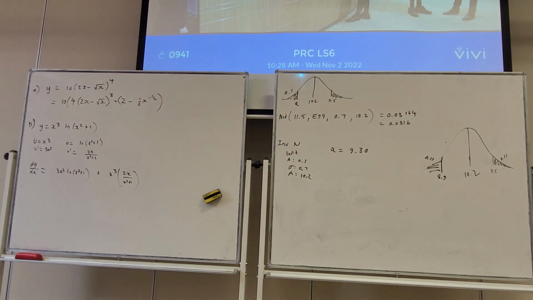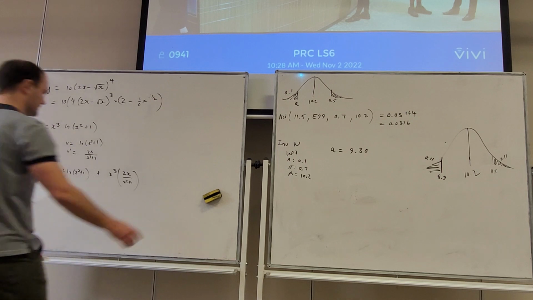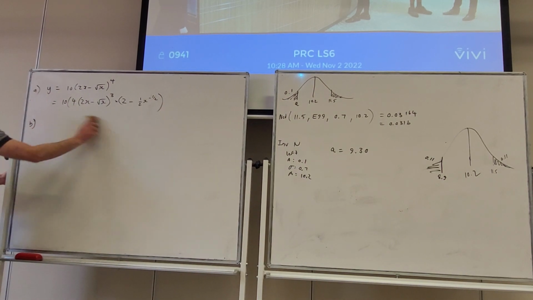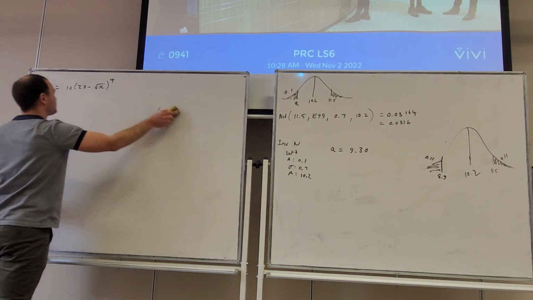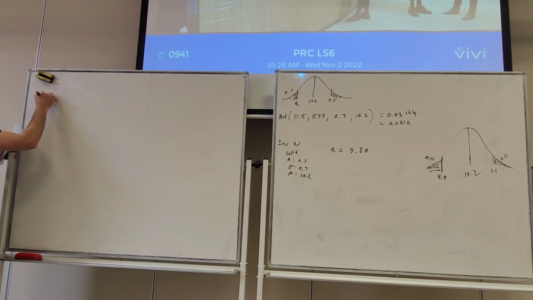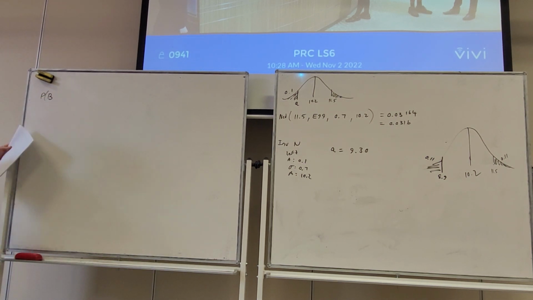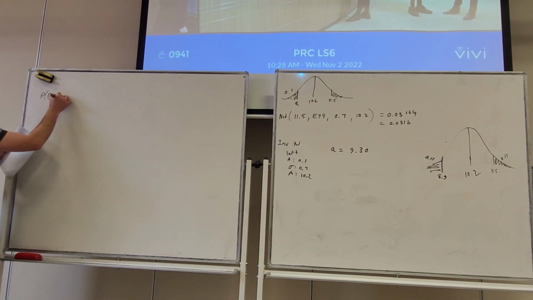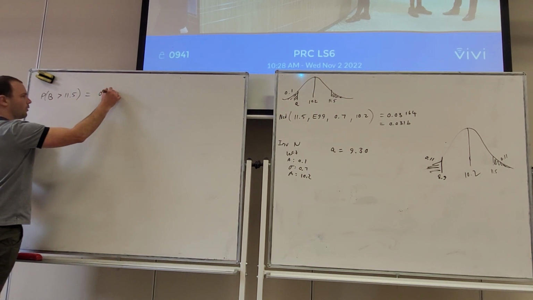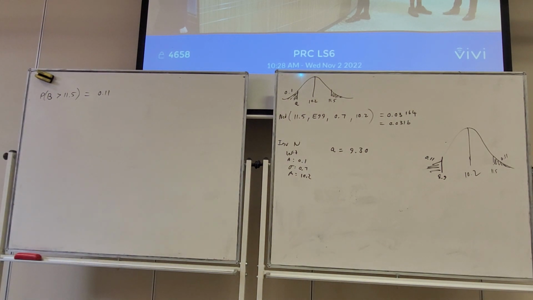Calculate the standard deviation of B and give your answer correct to 2 decimal places. All right. So let's list the information that we know about B. We know for B that the probability of B being larger than 11.5 is 0.11. Okay, we've got the distribution of that sketched over there, and we know the mean of it is 10.2.